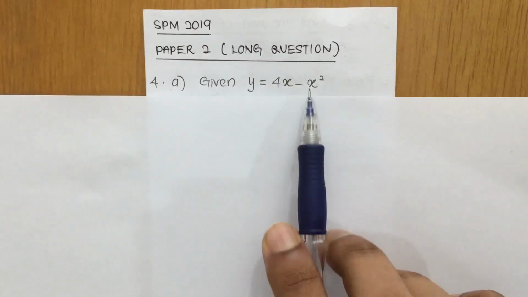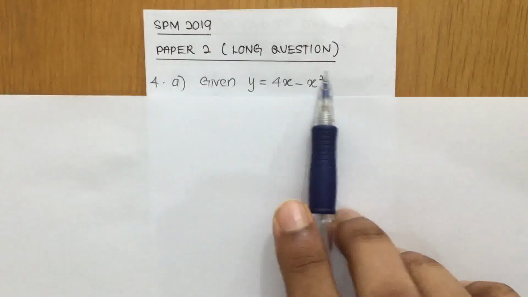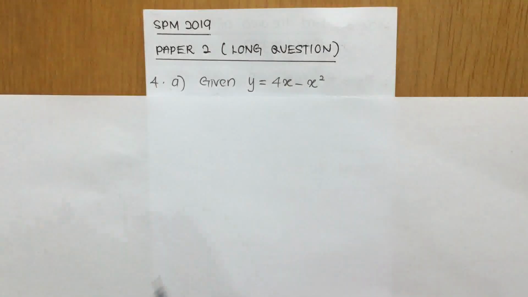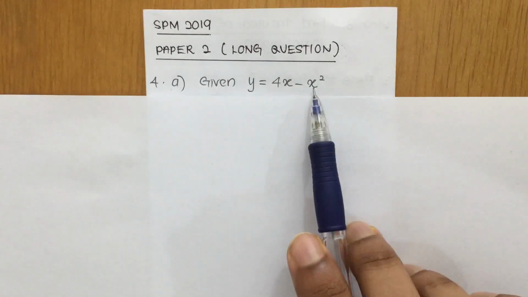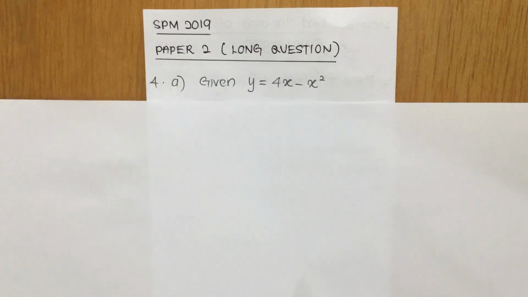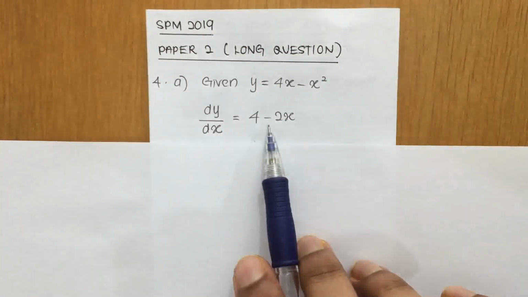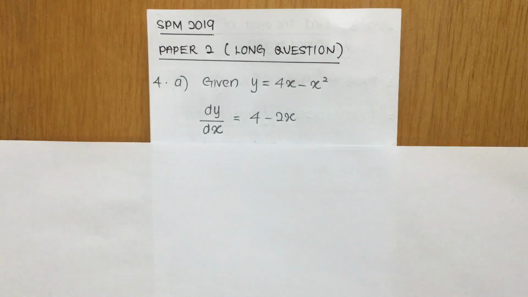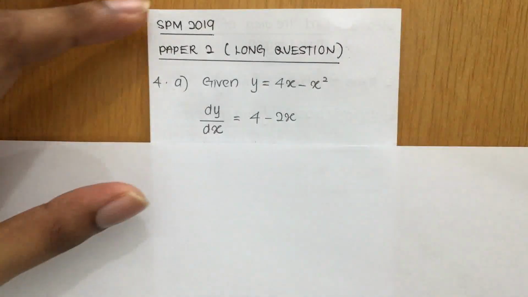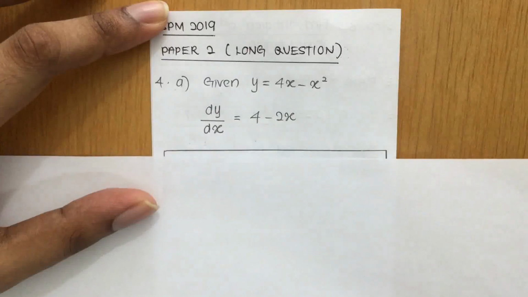Since there is a tangent forming in this curve equation y, what we're going to do is differentiate this equation. So from here you should get dy/dx equals 4 minus 2x. Let me proceed to the next step now.